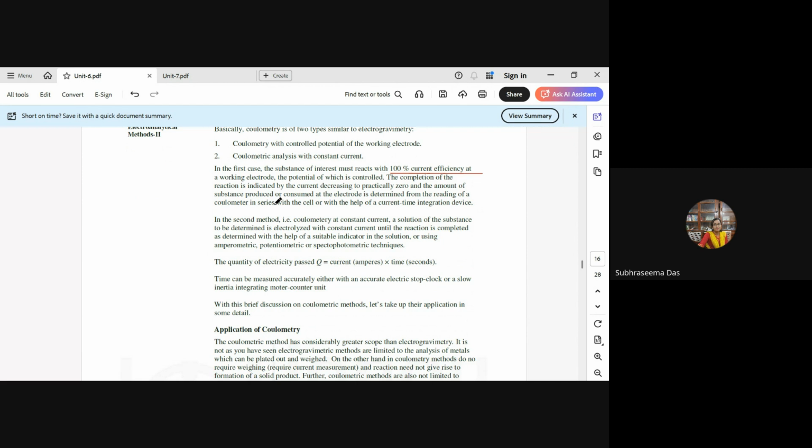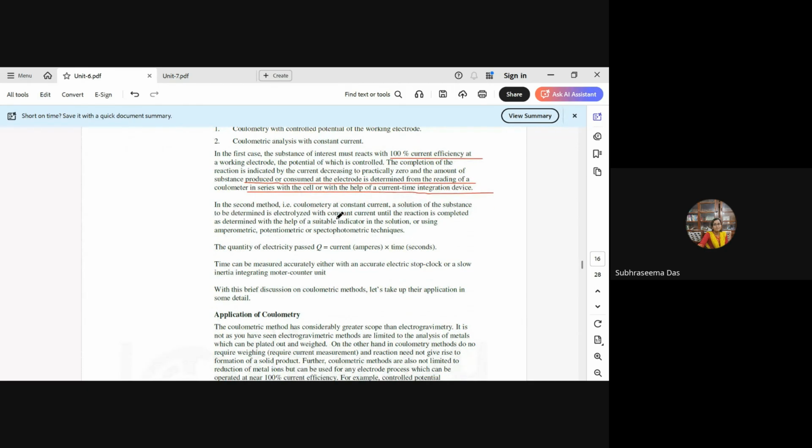Here the potential is constant. The completion of the reaction is indicated by the current decreasing to practically zero, and the amount of substance produced or consumed at the electrode is determined from the reading of a coulometer in series with the cell, or with the help of a current-time integration device.